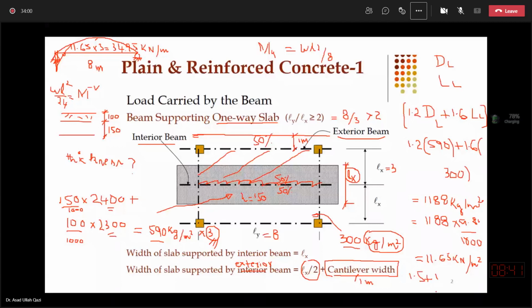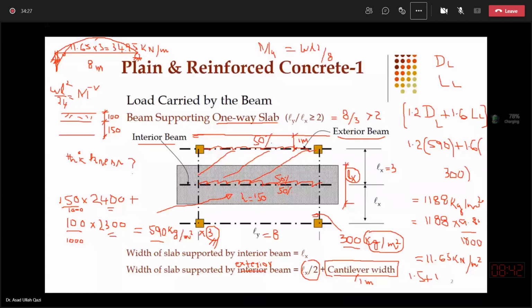For interior, I used 3 meters because the adjacent spans were equal and they had a 3 meter shorter span. In this way, we need to estimate for interior and exterior what the transverse widths are which will transfer the load to the beam.